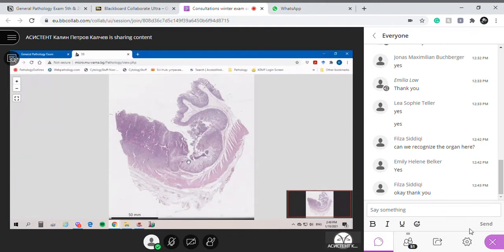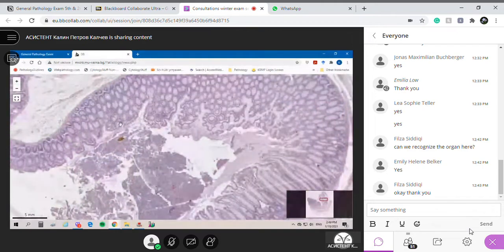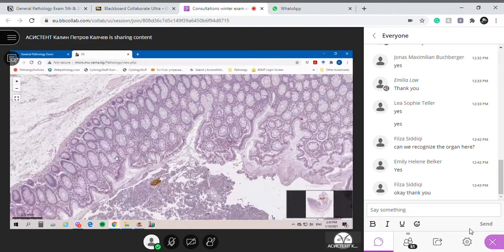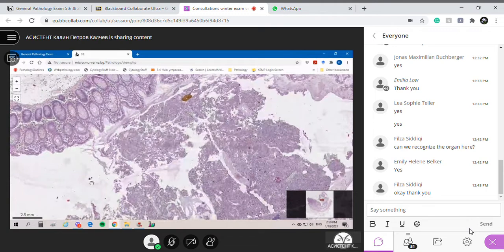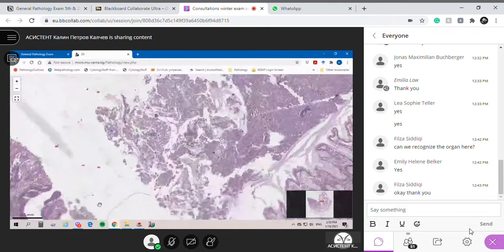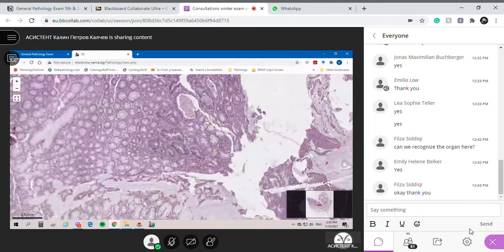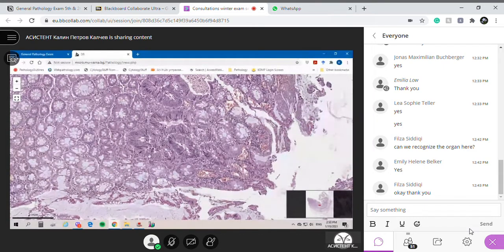And here, actually, we have a colon. At this part, you can see the normal colonic mucosa. Here, the mucosa is perfectly normal. And at this area, you can see that this colonic mucosa undergoes some dysplastic change. First, the glands become bigger and with some peculiar shape.